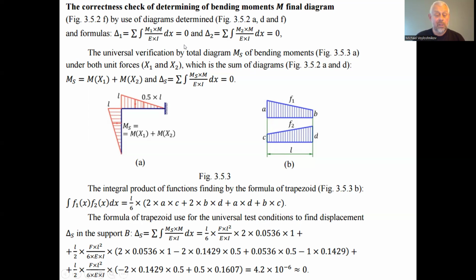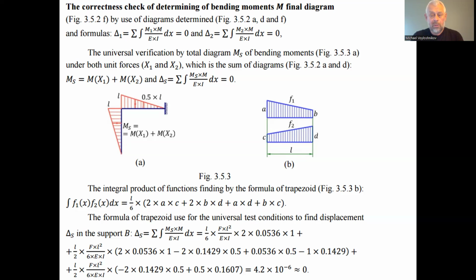We say direction S, which is equivalent to the algebraic sum of the displacement in the first and second direction. It's abstract yet, but we actually cannot find the total of two vectors if they are not collinear, because then we have to consider the angle of inclination between the vectors.